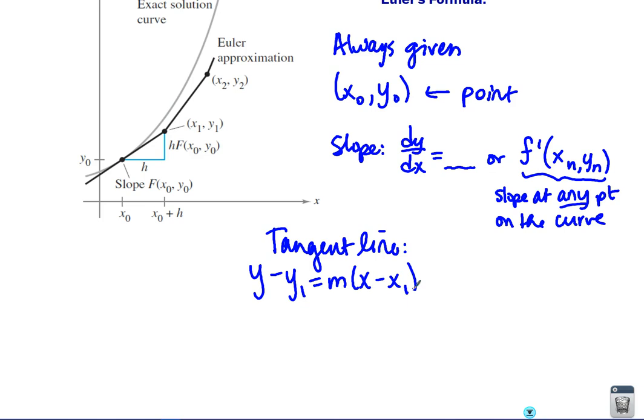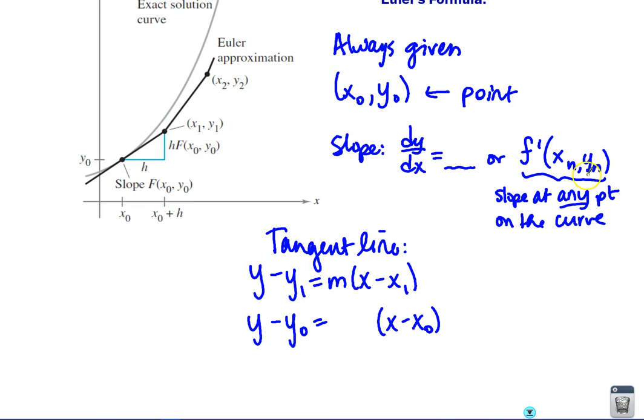So I'm going to replace y1 and x1 with the initial point that I'm given. So y minus y naught is equal to, I'm going to replace m in just a second, x minus x naught. Instead of just calling it m because that's what we did in algebra 1, I'm going to use one of these two things.